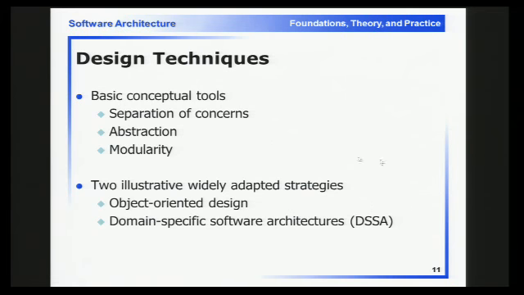So we have 2 very intuitive, illustrative, widely used strategies and tools which have been supporting our design activities. The very basic one is object-oriented design techniques. And the other one is called domain-specific software architectures, which is closely tied to a specific application domain.